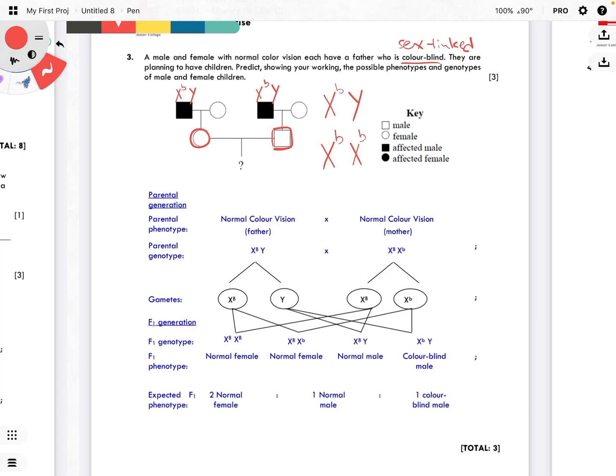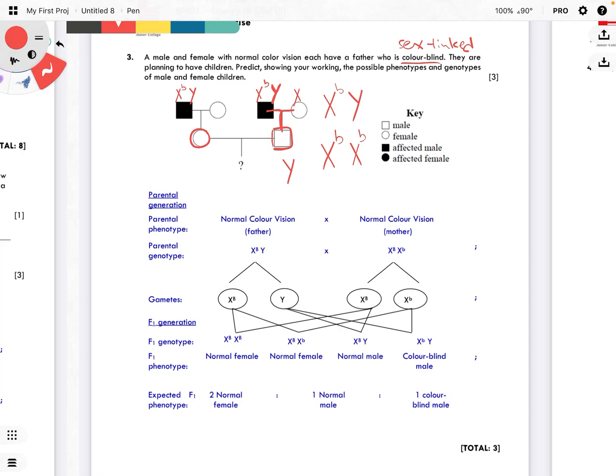Okay, but first and foremost, we know that for males to be males, he definitely needs to inherit one Y chromosome from the father. So this Y chromosome definitely went to this guy over here. What about the X chromosome? What X chromosome did he inherit from the mom?